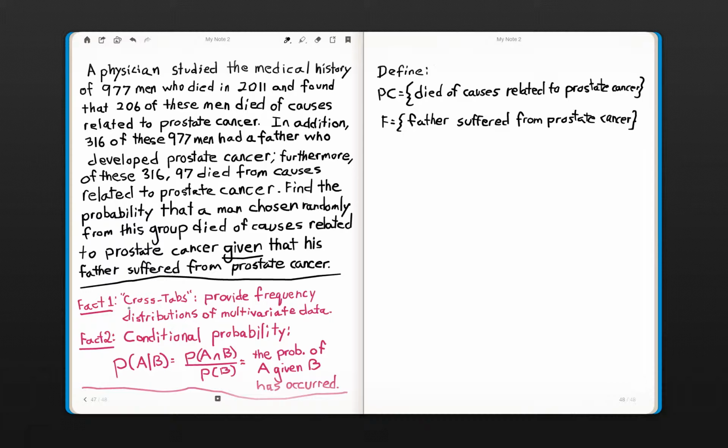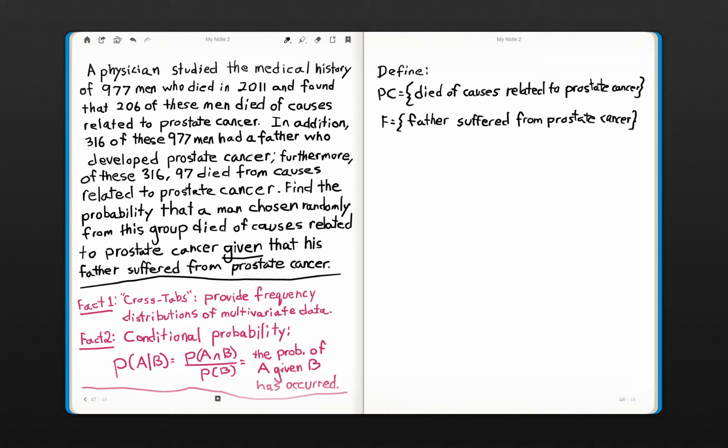Crosstabs are very powerful in that they provide frequency distributions of multivariate data in tabular form, and you can very easily identify what characteristics of the multivariate information each person in the group has. We'll actually build a crosstab from the data given up here.